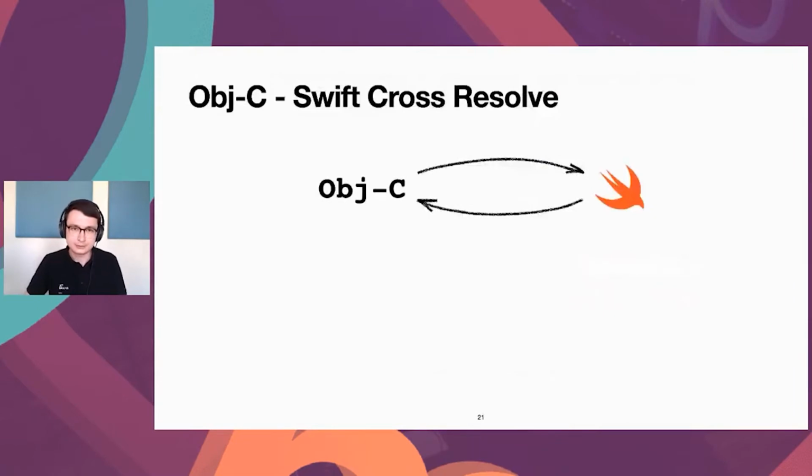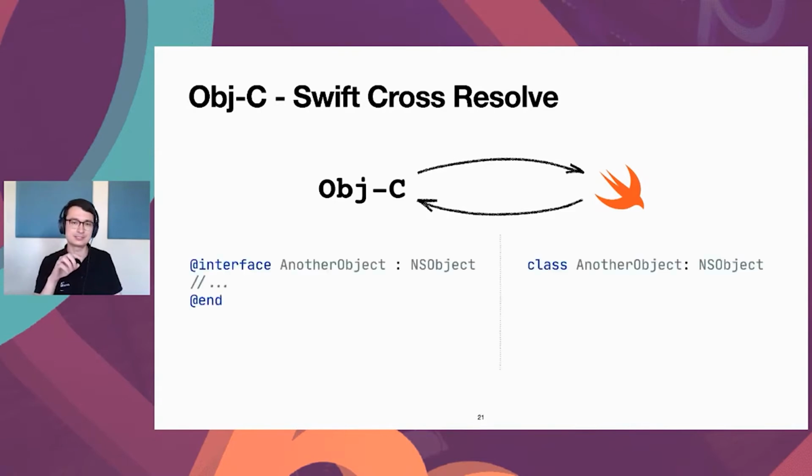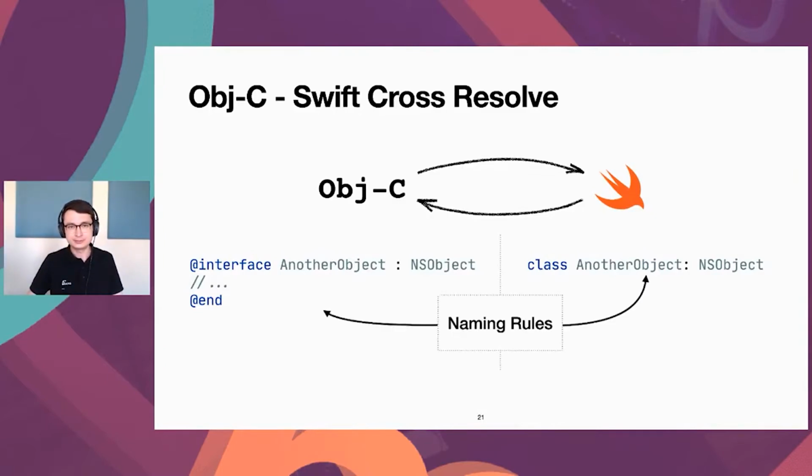So to be able to work with two languages as if they were one language, you need to implement cross-resolve between them. So you would need to be able to translate symbols of one language into symbols of another language. With Objective-C and Swift, we do it by using naming rules. The naming rules you can see inside the official Swift repository.